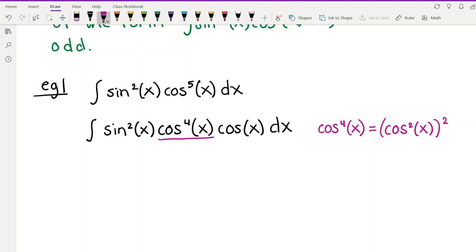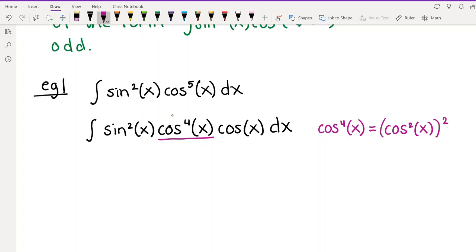And if it was cosine to the 6th, then it would be cosine squared of x cubed. And if it was cosine to the 8th, it would be cosine squared to the 4th. So you always want to have the squared part on the inside, because that's what we're going to replace with the Pythagorean identity. But then this number here is going to vary depending on what power you had. So you're basically just saying cosine squared and then raising it to whatever power you need in order to get the same number you had here.